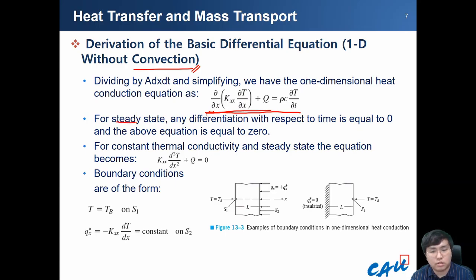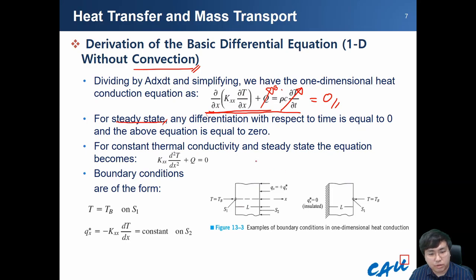In the steady state problem, there is no change with respect to the temperature, so we can neglect this term so that it becomes equal to 0. For further simplification, sometimes we don't have any heat generation inside the material, so we can also neglect Q. But anyway, this time we can keep going.